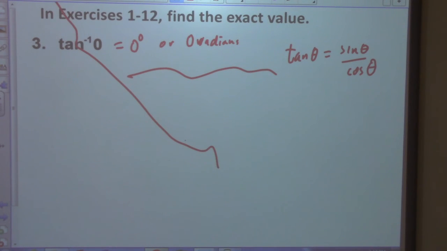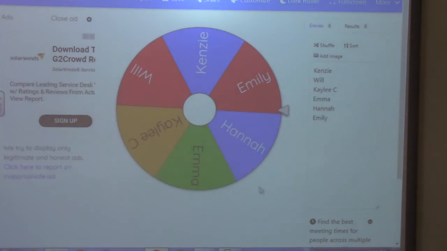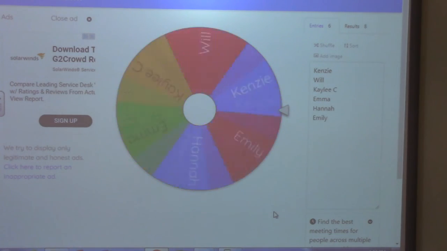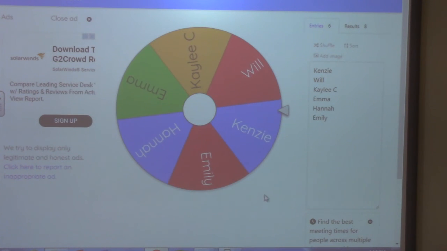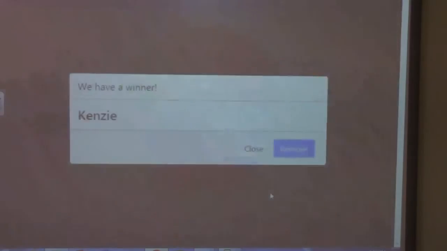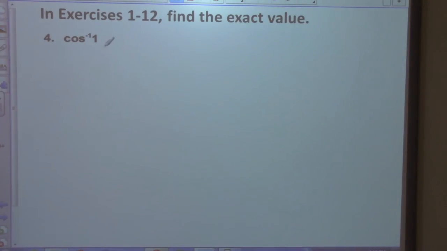Okay, number 4, inverse cosine of 1. So what angle will produce a cosine value of 1? I think it's going to be 0 or 360.